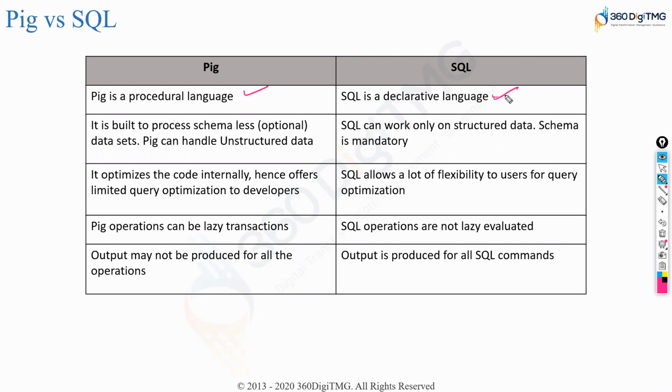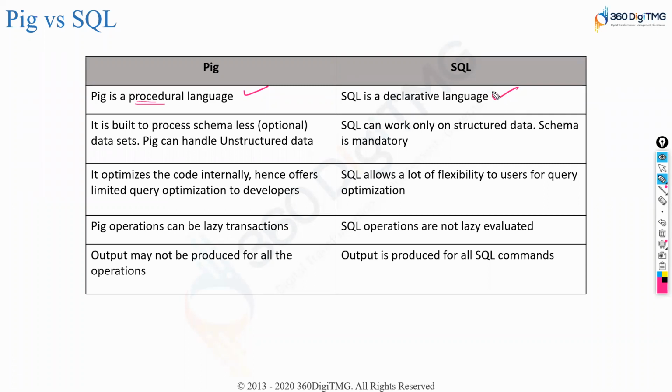In SQL, you're giving a command to your database saying, hey, I want this. You're declaring things. Apache Pig is a procedural language. You're basically trying to follow a process or procedure saying, okay, let me do this, let me do this, let me do this, and then I'll get this. So that's the difference between Pig and SQL.